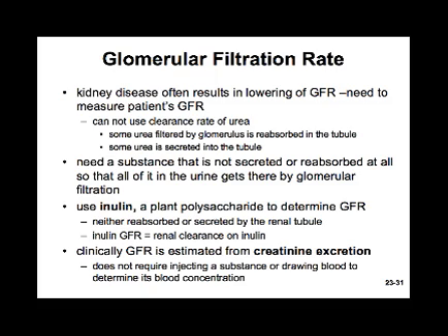It is neither reabsorbed nor secreted in the renal tubule. So all of it that gets into the urine gets there through the glomerulus. So clinically, though, it's not convenient to inject this inulin into people and measure its clearance rate. So we usually will use creatinine excretion as a measure of glomerular filtration rate.